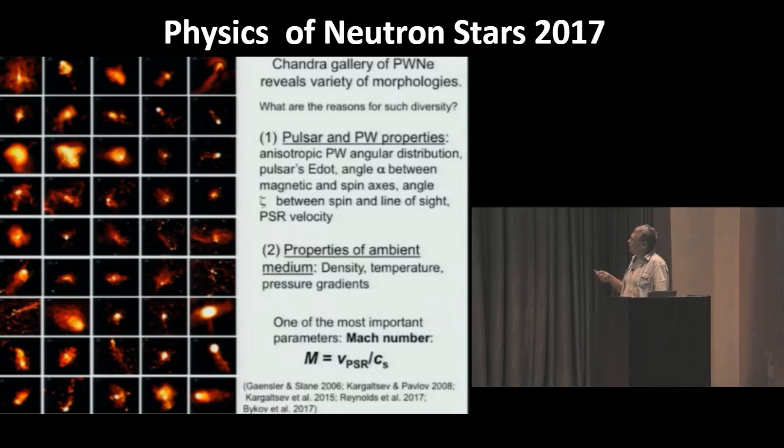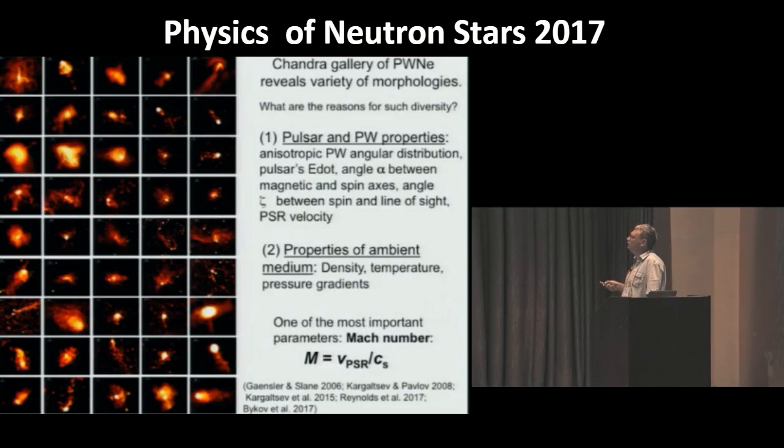And rather than just being a zoo, there is very important information encoded here, and I'll try to explain how this information can be used later in my talk. Basically, this information is encoded in the shapes and orientations of pulsar wind nebulae.